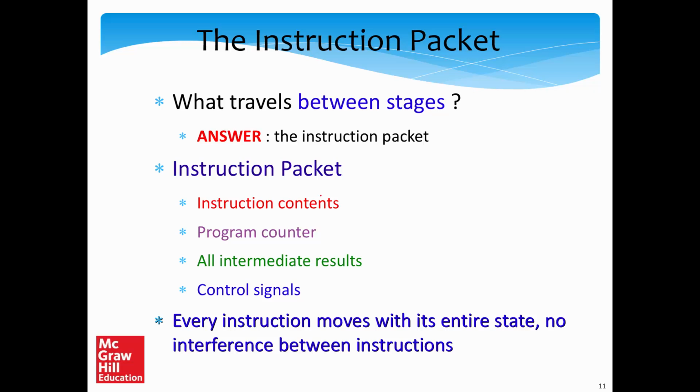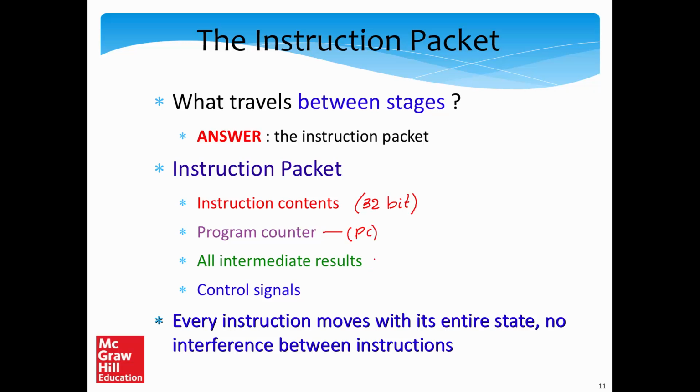So what is it that travels between the stages? We have already answered this in the previous slide: the instruction packet travels. But what exactly is in the instruction packet? We have the contents of the instruction, which means the instruction itself, the 32-bit contents. Then the program counter that is associated with the particular instruction.